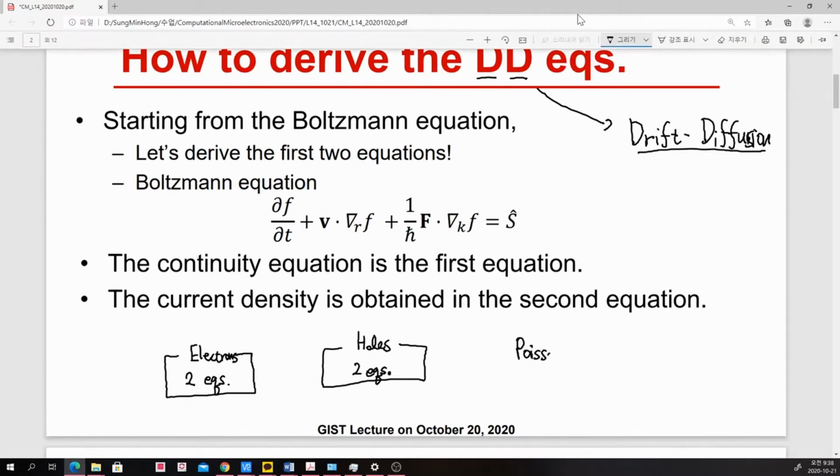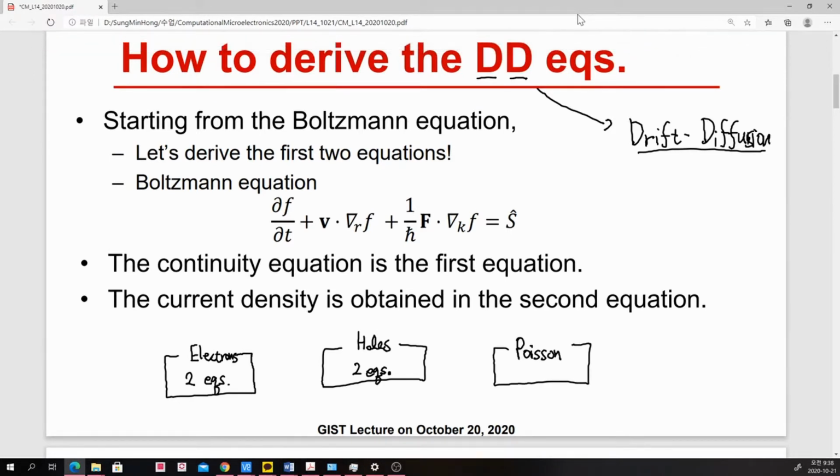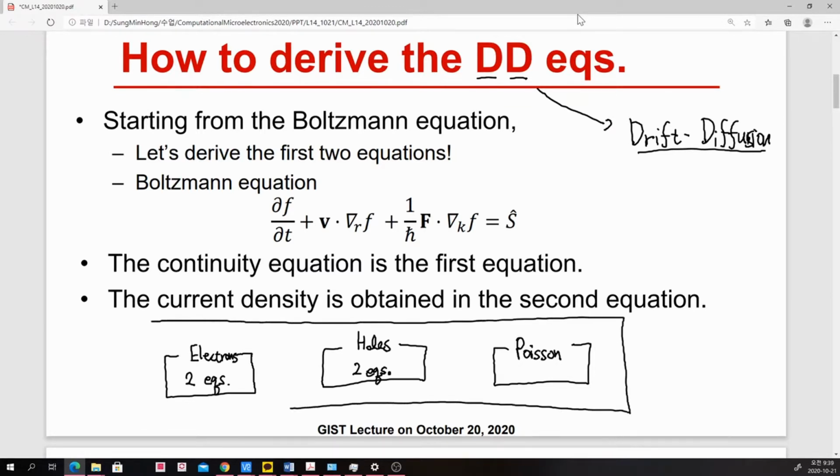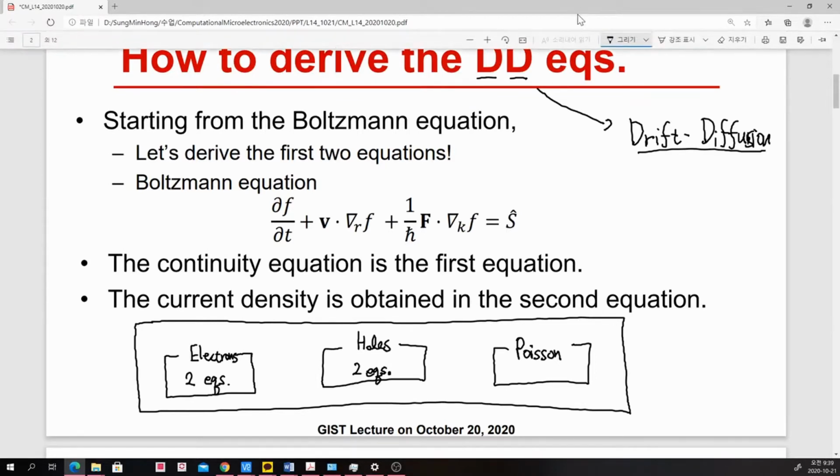Oh yes, we have a Poisson equation here. So in the usual sense, when you say drift diffusion equation, we treat these 5 equations as a whole. I mean that the set of 5 equations is called the drift diffusion scheme. So we have to solve 5 equations at the same time.